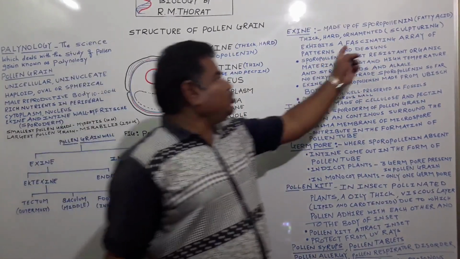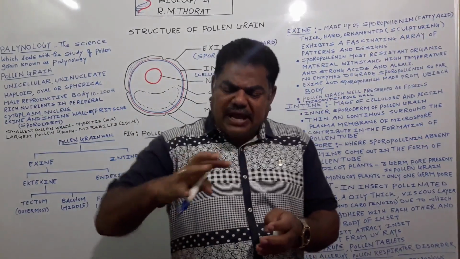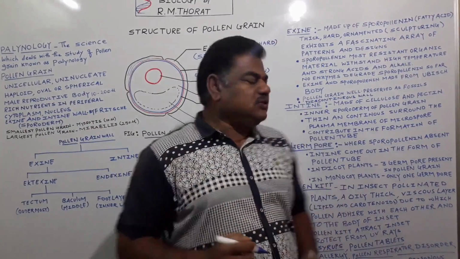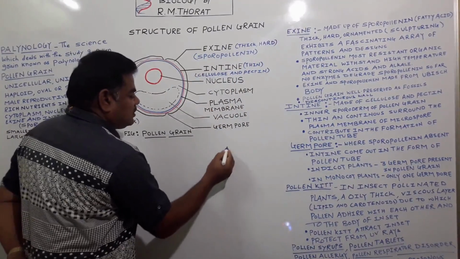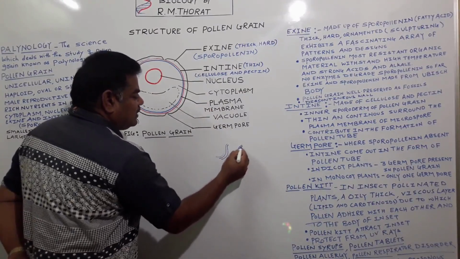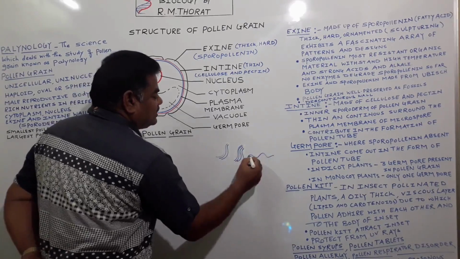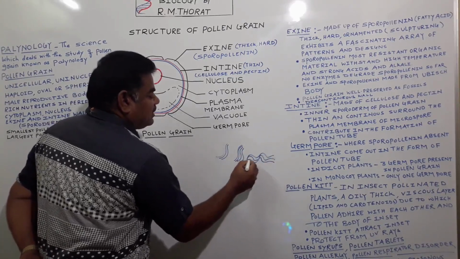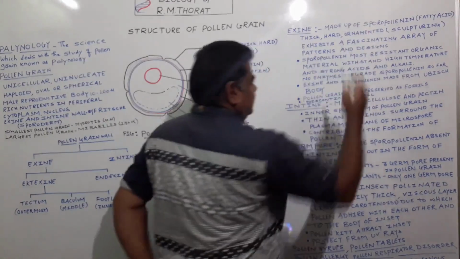Ornamented means it shows sculpturing. Sculpturing means it shows many different structures on the exine. Different types of sculptures are seen on the exine, and it is made up of sporopollenin. We call it ornamented.